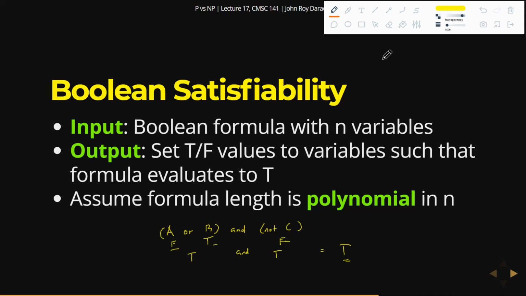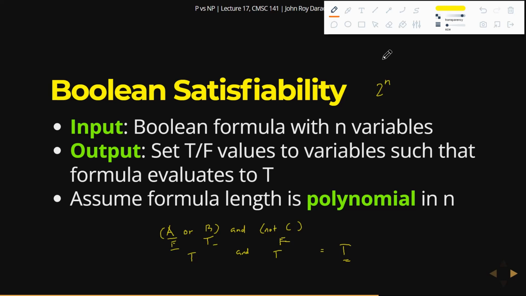But again, this is just a simple example. What if the length of the formula is like 100, or there are like 50 variables? All possibilities would be 2 raised to n, because there are 2 possibilities for each variable. You have either true or false, right?